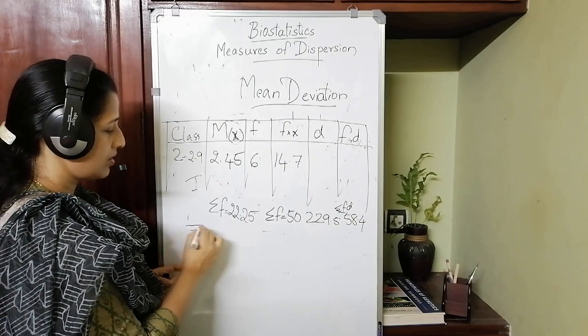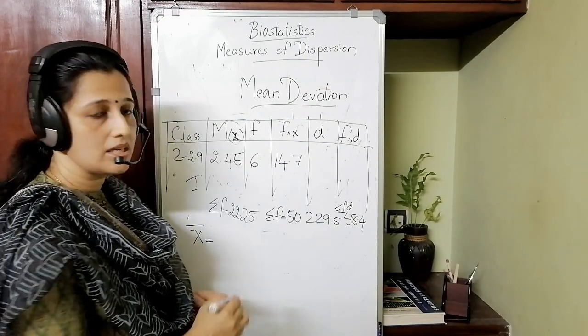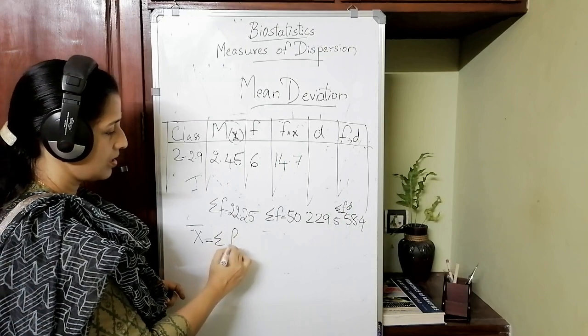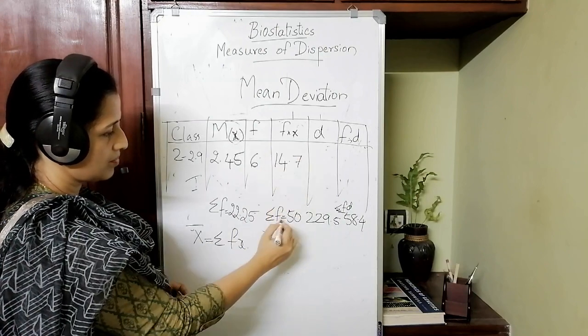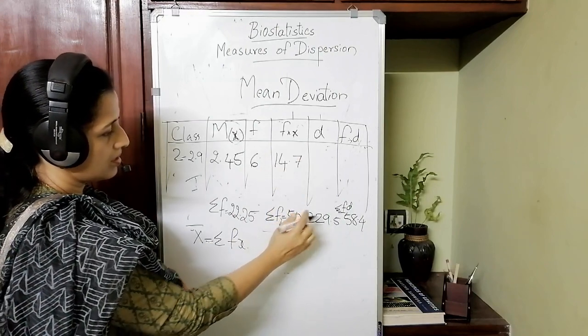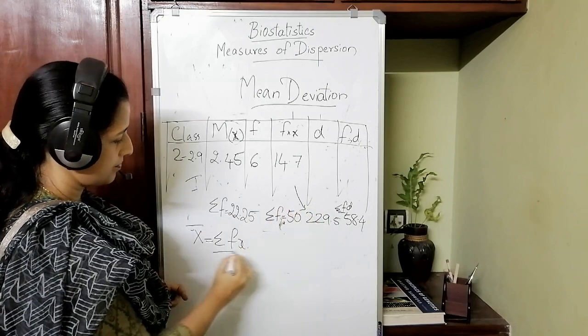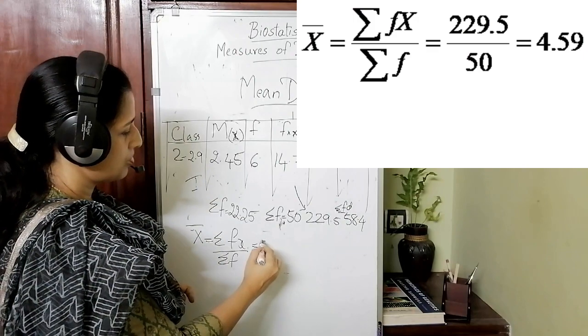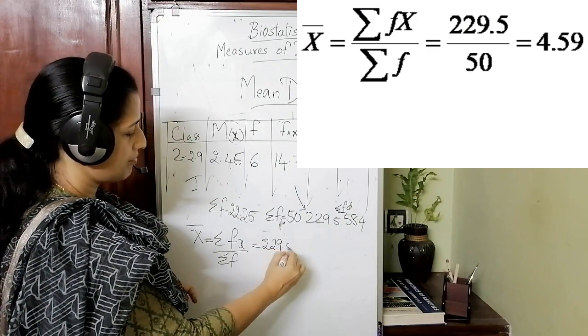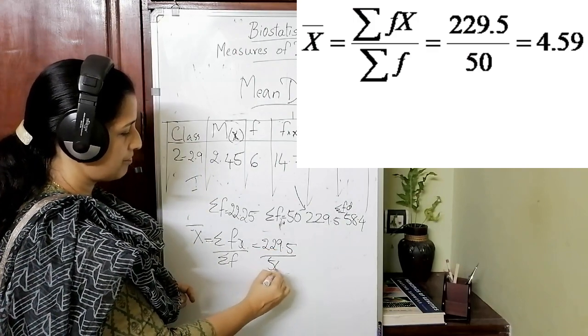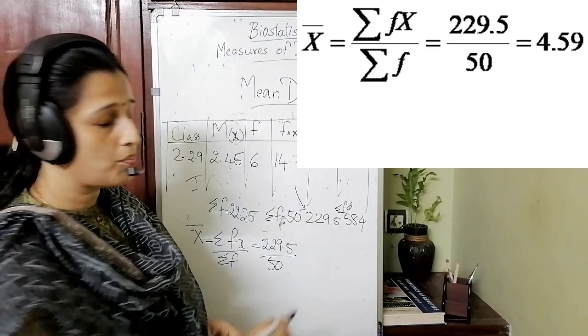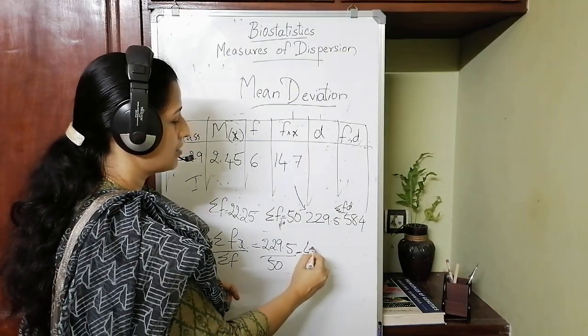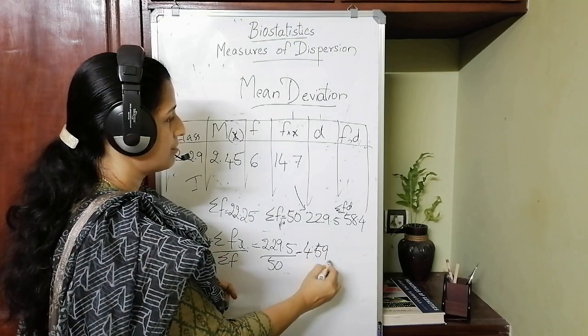The next step is to calculate the mean. Mean is equal to sigma fx by sigma f, which is 229.5 divided by 50. So the mean value is 4.59.